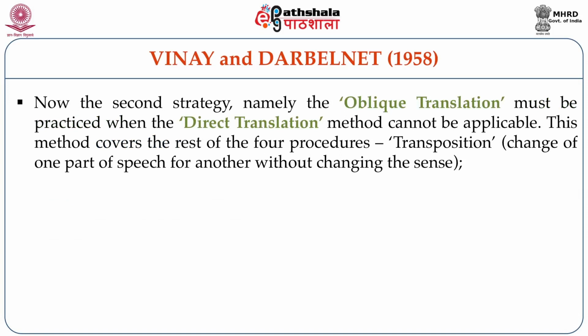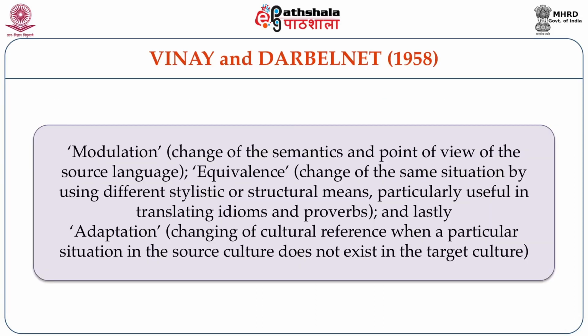This method covers the remaining four procedures: transposition, or the change of one part of speech for another without changing the sense; modulation, or change of the semantics and point of view of the source language; equivalence, or change of the same situation by using different stylistic or structural means, particularly useful in translating idioms and proverbs; and lastly adaptation, or changing of cultural reference when a particular situation in the source culture does not exist in the target culture.